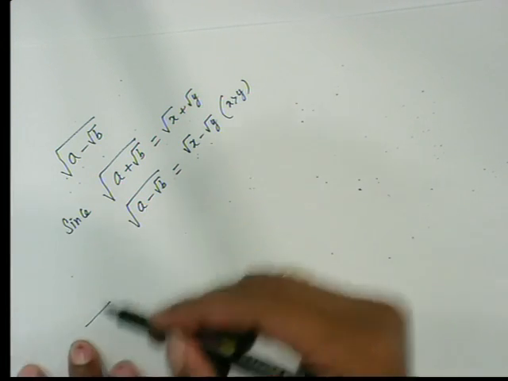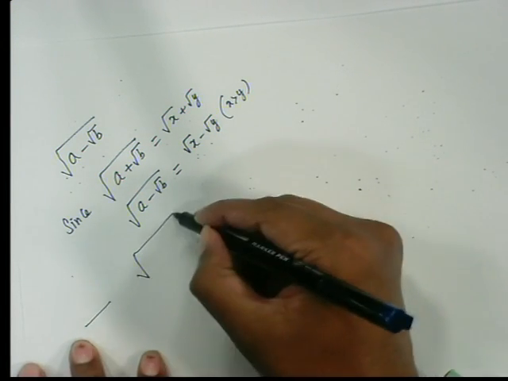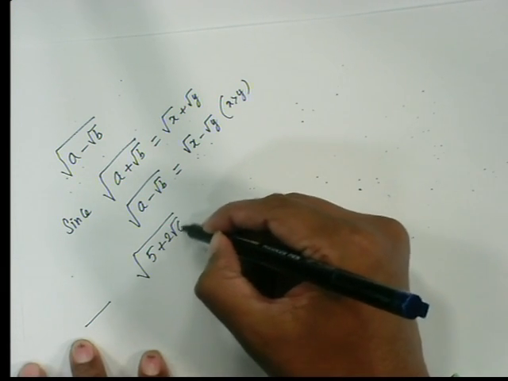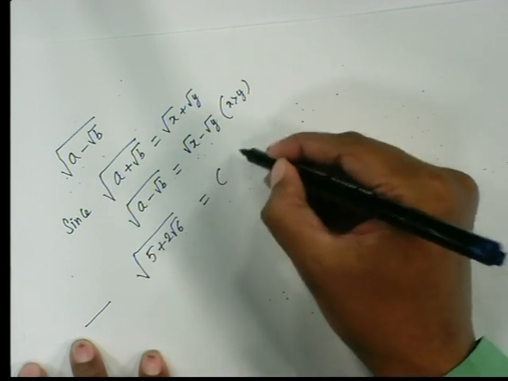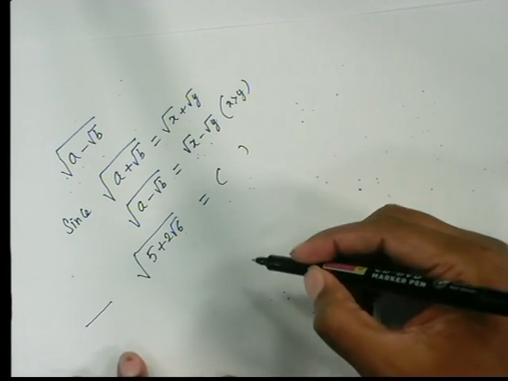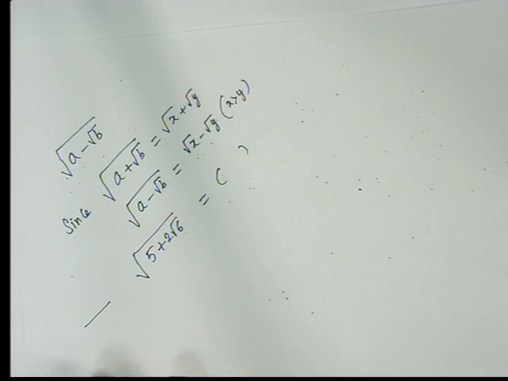One example, square root of 5 plus 2 root 6, how much? So, let us find out this one. See, this is a very lengthy method actually. So, the square root of 5 plus 2 root 6 is equal to, we have to write root x plus root y, squaring on both sides.